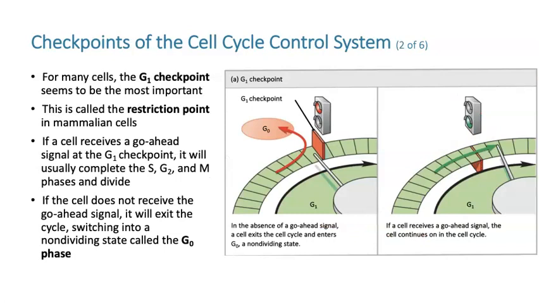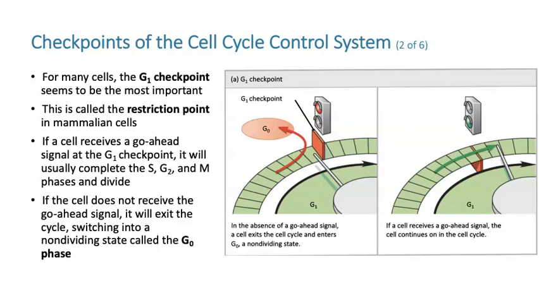So let's take a look at the G1 checkpoint. The G1 checkpoint is probably the most important checkpoint. Sometimes it's called the restriction point if you're talking about mammal cells, because at this point, a cell will either be allowed to continue through interphase, move into the S phase, or it will not receive the go-ahead signal.